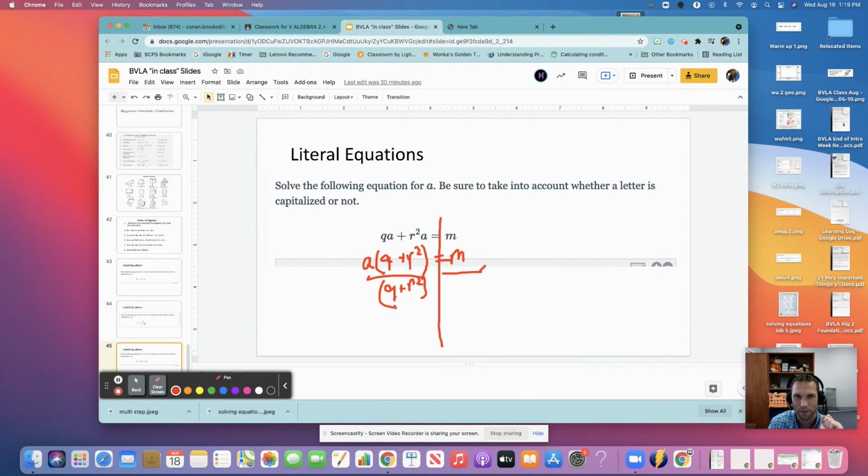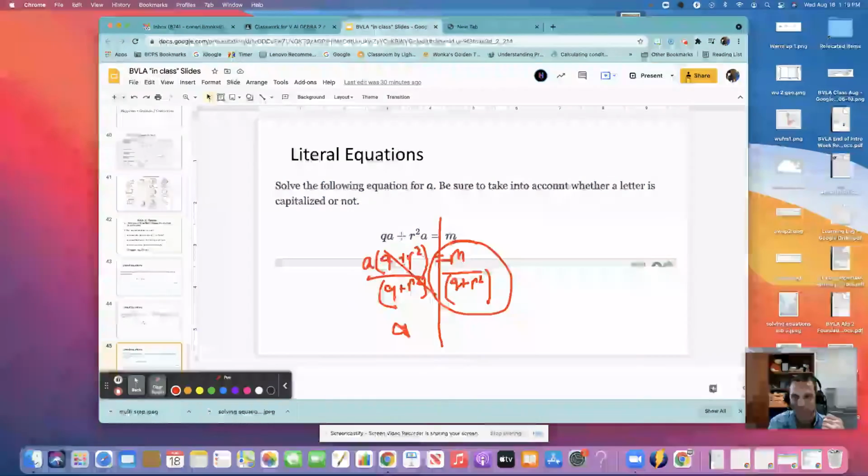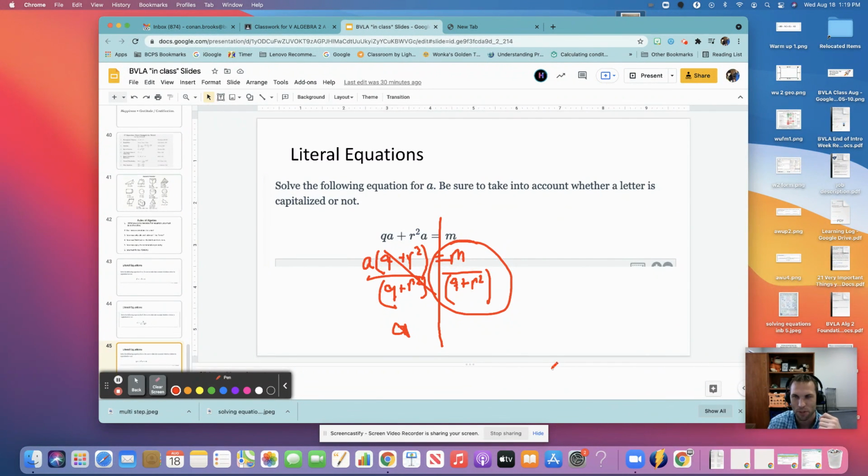Okay, and then same thing over here, Q plus R squared. And when you go into Delta Math, you're going to have to put in these parentheses in order to show it like you're not just dividing by one term, but you're dividing by the whole thing. And so this cancels off, and I'm left with A. And then this is the answer right there. Q plus R squared.